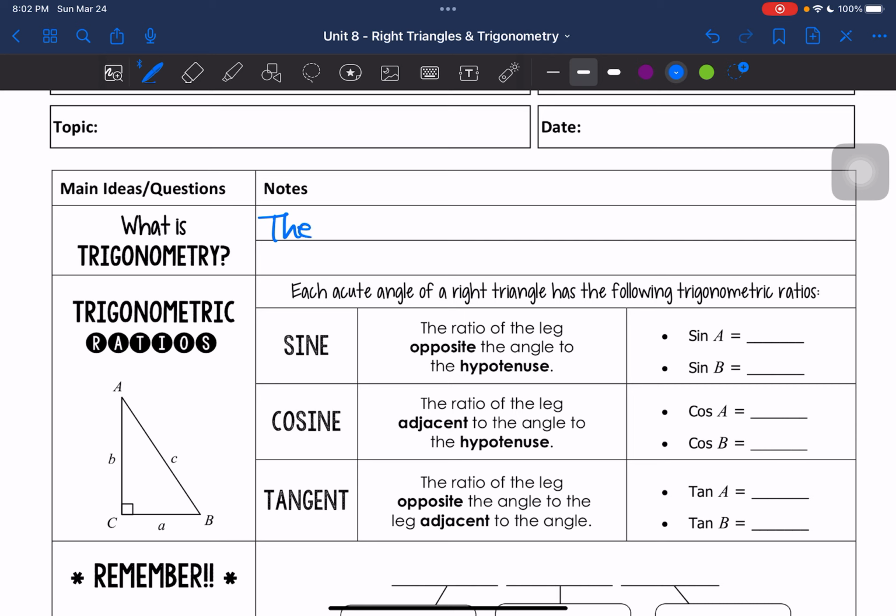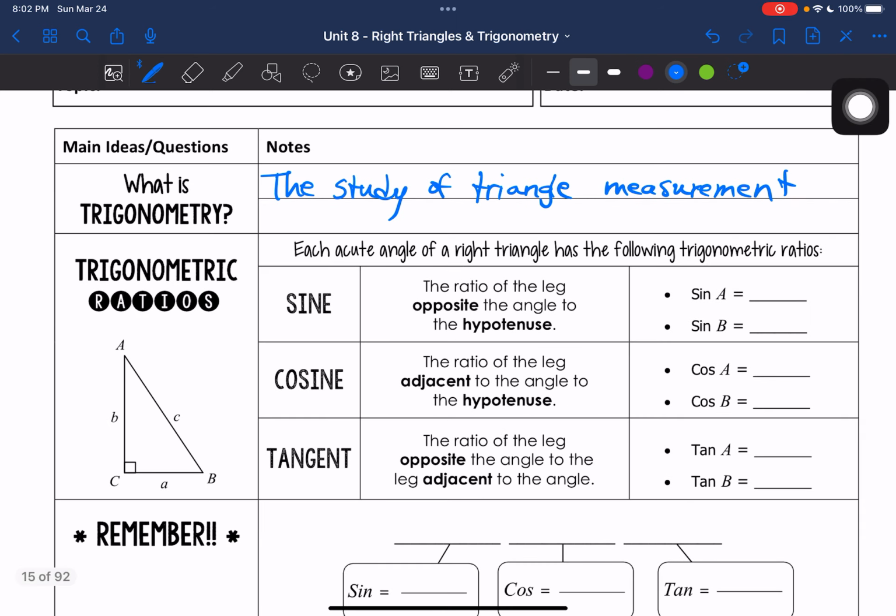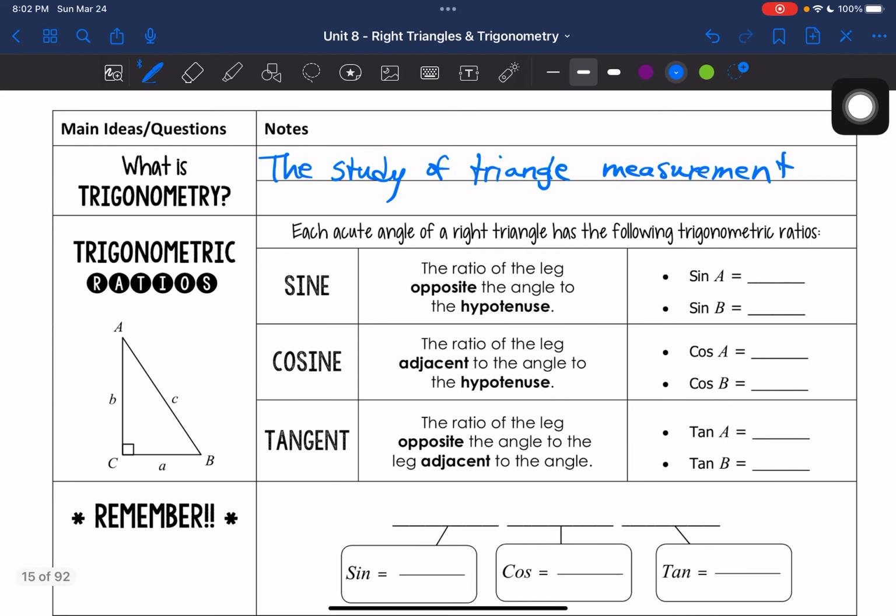The definition is just the study of triangle measurement. And we've been doing this when we use the Pythagorean theorem or special right triangles in order to find missing side lengths. We'll be able to do that again today by using these trigonometric ratios.